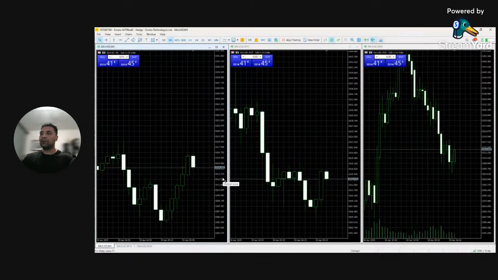Last 15 minutes bar of this hour. We are looking at the resistance right up here.